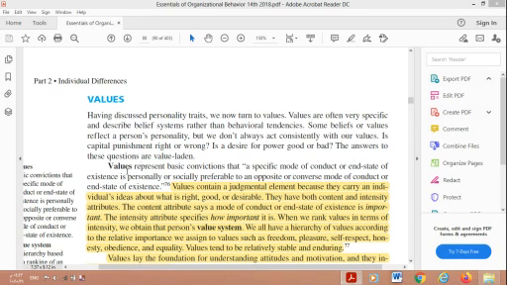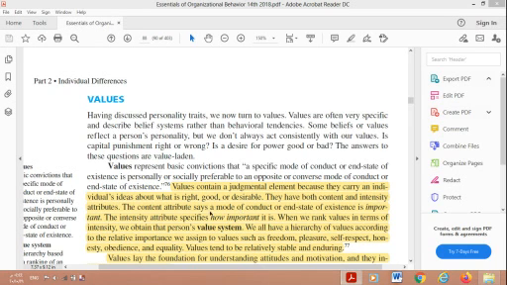So again, the content attribute represents the final shape of our behavior, while the intensity attribute specifies how important it is, or in another way, it represents our ability or capability to do such behavior, whether it is important or not, whether we have the ability or capability to do it or to behave in a certain way. This is an intensity attribute.